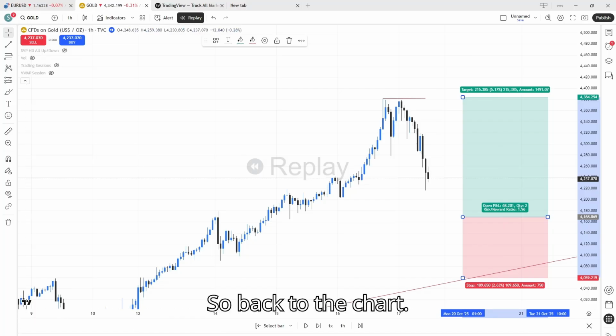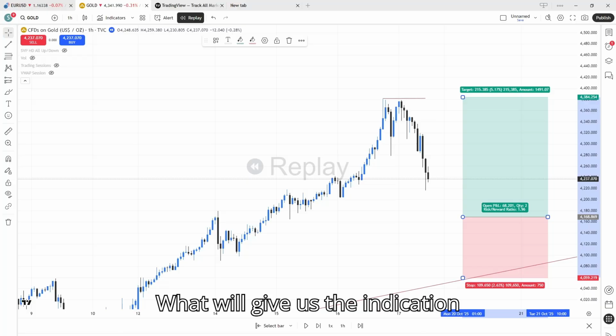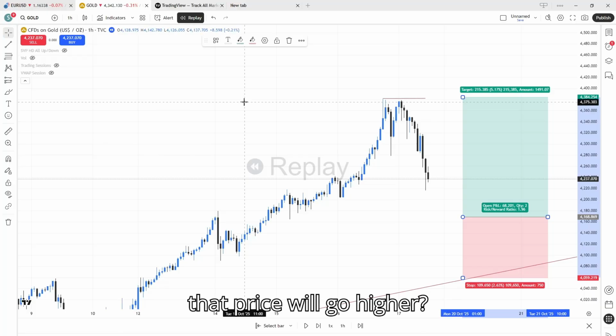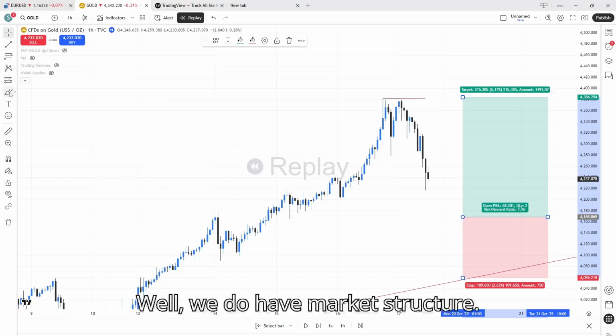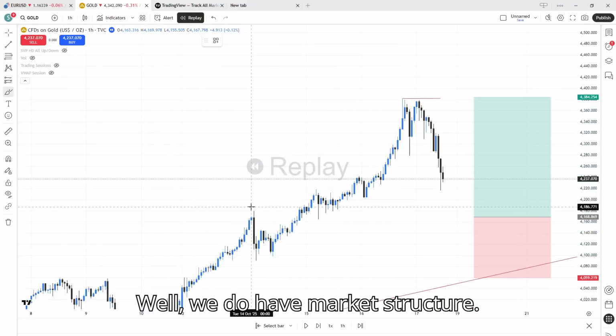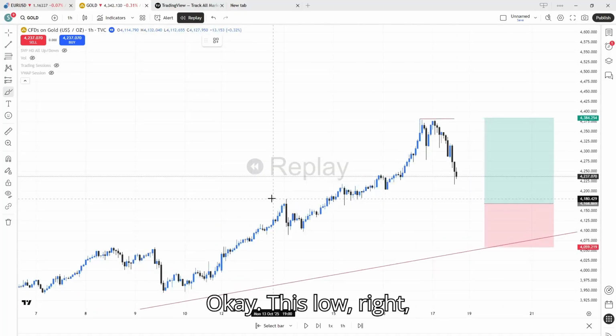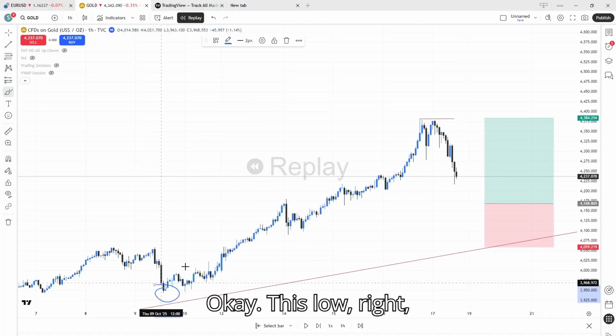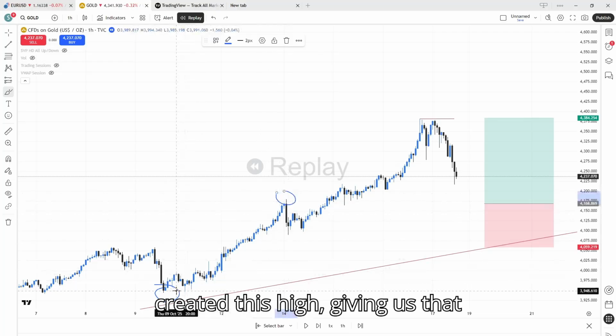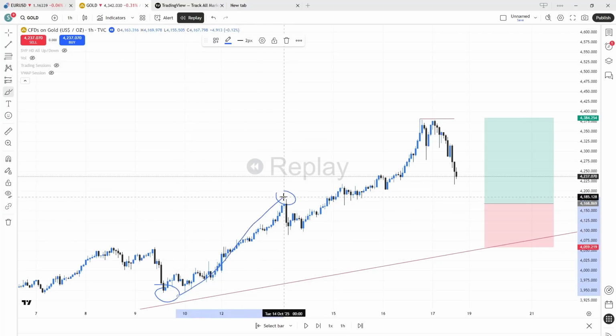So back to the chart. What will give us the indication that price will go higher? Well, we do have market structure. Let's go with right here. Okay. This low created this high, giving us that price range.